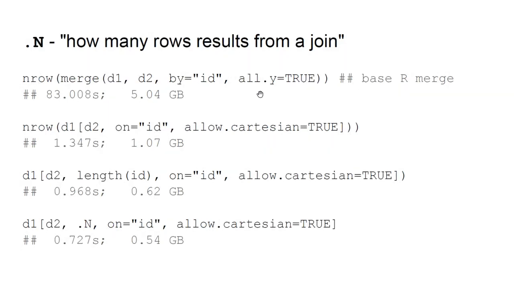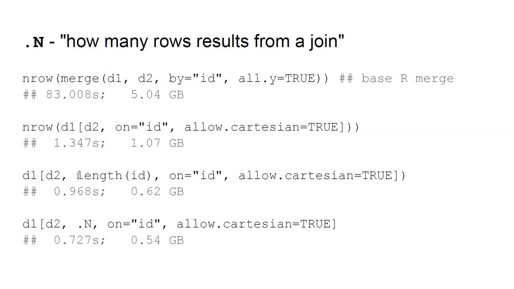Using base R, to calculate how many rows will be in the result, we need to wait 83 seconds, and it uses 5 gigabytes of memory. Then using data.table, in a similar way, basically doing a join and then checking how many rows were in the result, it's 1.3 seconds and 1 gigabyte of memory.